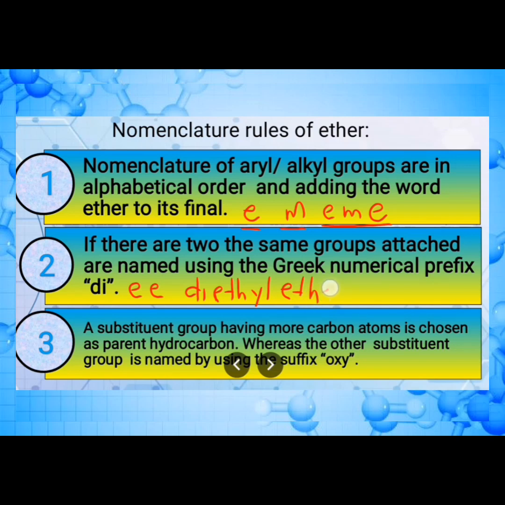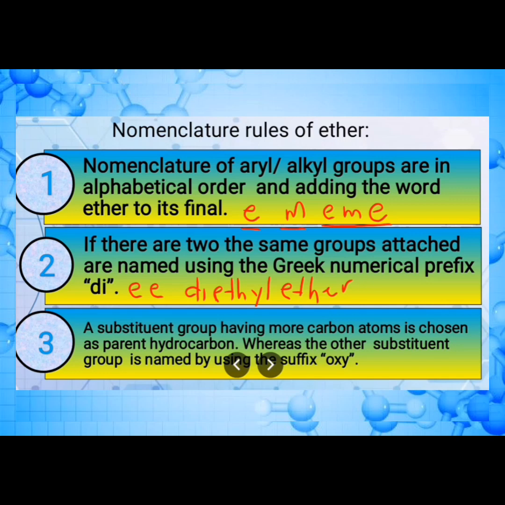That is the focal point of the second nomenclature rule. So we will be adding the numerical prefix di. It refers to diethyl ether, dimethyl ether, and diisopropyl ether. Now let's proceed to the third one.